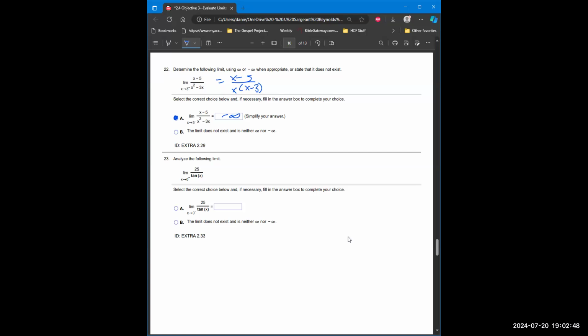So this is a negative, positive, negative is a positive infinity. Last but not least is 25 over tan of 0 with that tan of 0 coming from the left. So that is going to be a very small negative number. So this is going towards negative infinity.